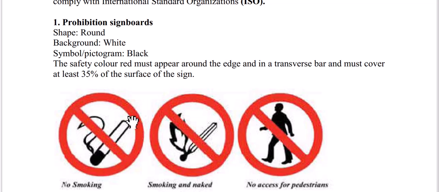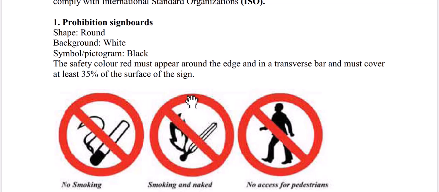So the first identification of the prohibition sign is the round shape, and they have a white background. As you can see here, it is a white background. What this means is that when you have a round shape, the background beyond the picture itself is white.